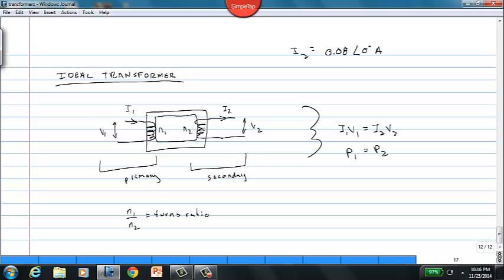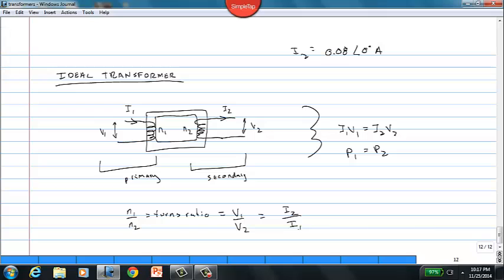And in an ideal transformer, the turns ratio also is the ratio of the input voltage to the output voltage, which by I1 V1 equals I2 V2 means it is also the reciprocal of the ratio of the input current to the output current.